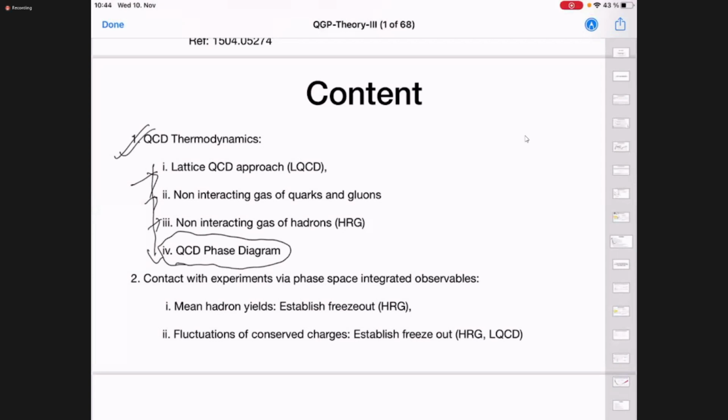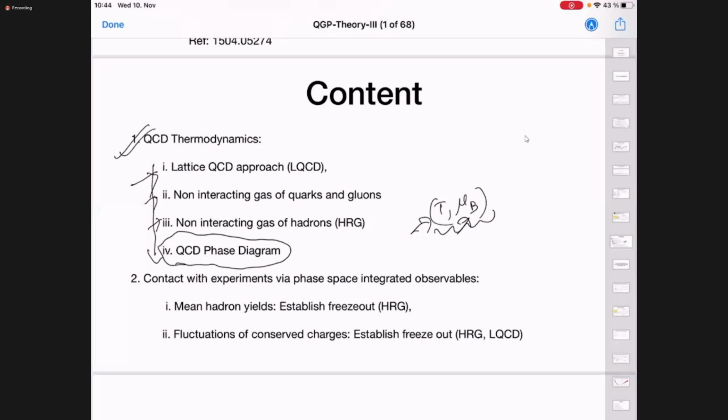Or you could also ask, if such an equilibrium state is set up, can I measure that state's properties? What is the thermodynamic property of that state? In other words, can I access this temperature, this chemical potential, right?